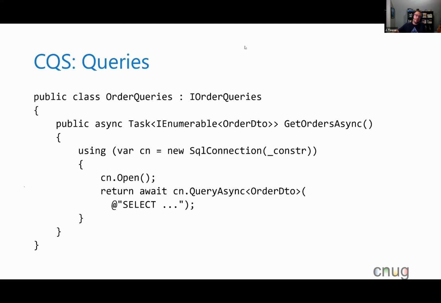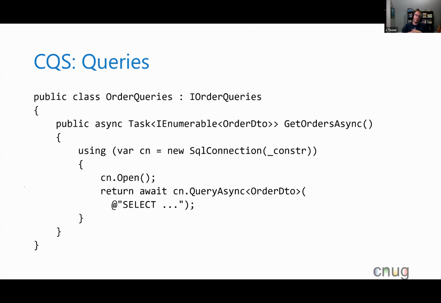And then, like we saw, if we're using Dapper, I would just create a new connection of the type I want and open that up to the connection string specified. And then I would await the QueryAsync method and say, go do this query now and map the results to an OrderDTO object. Now I could have different order DTOs. Maybe I could have a full order object.